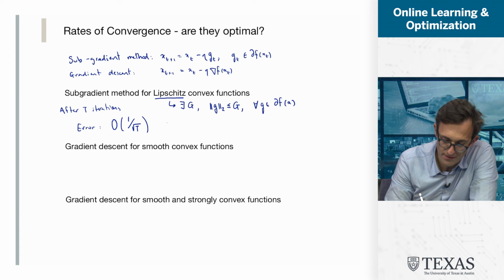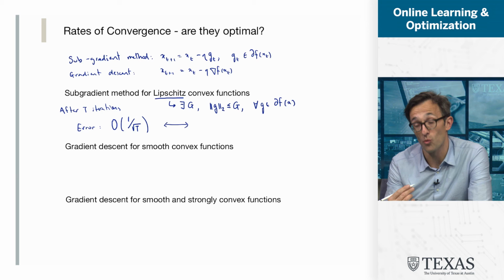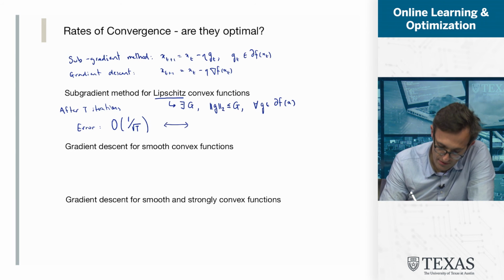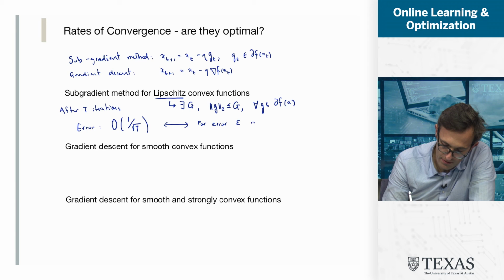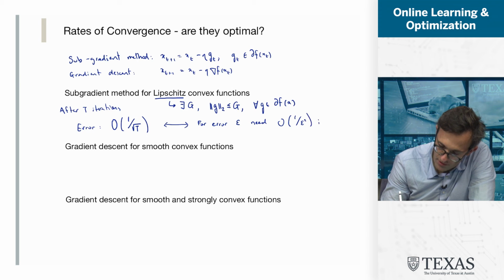Another way to say this is that in order to obtain error epsilon, we need 1 over epsilon squared iterations. Again, error means suboptimality.